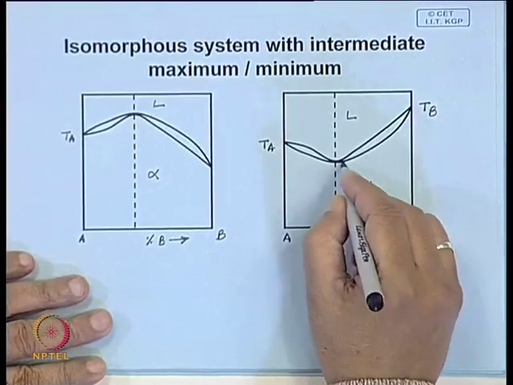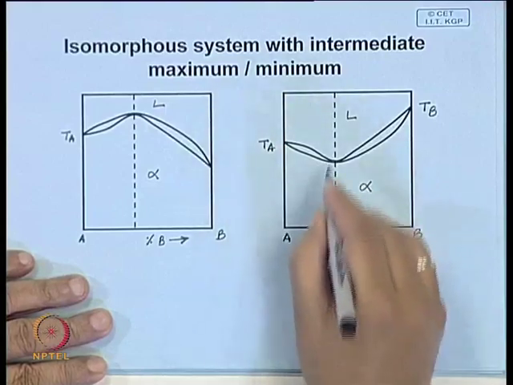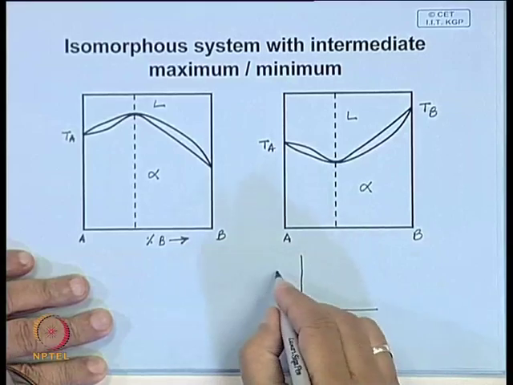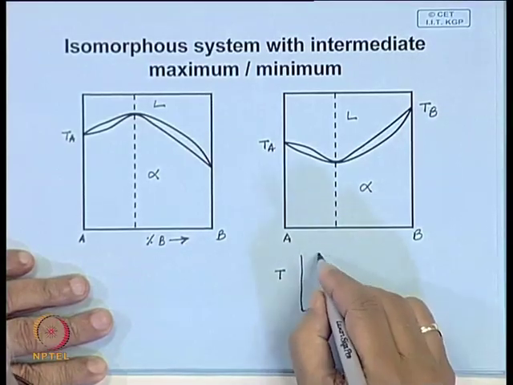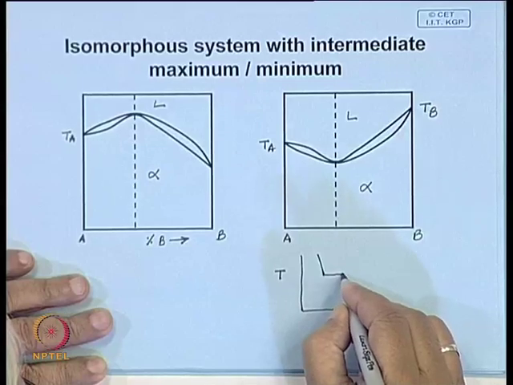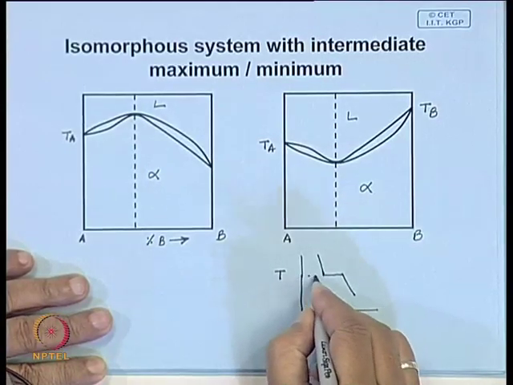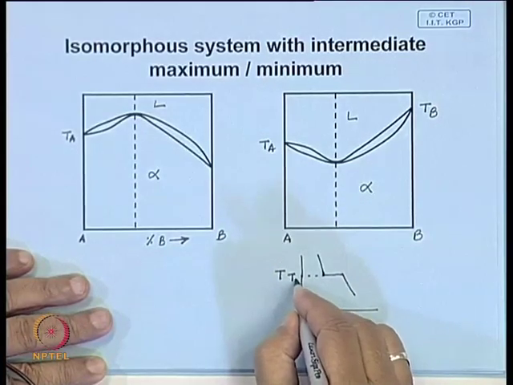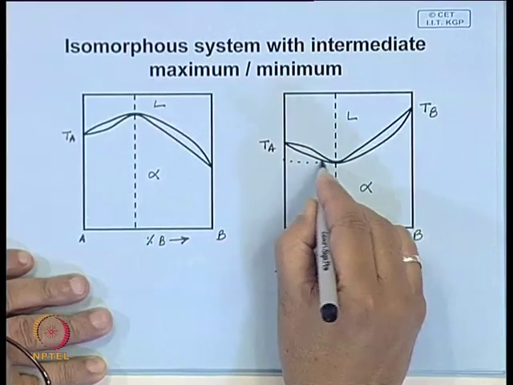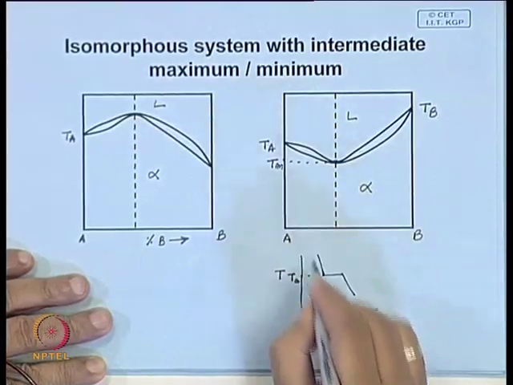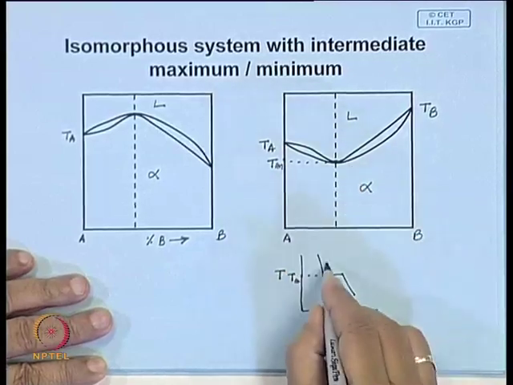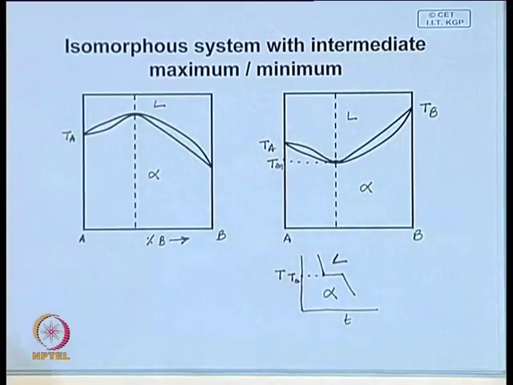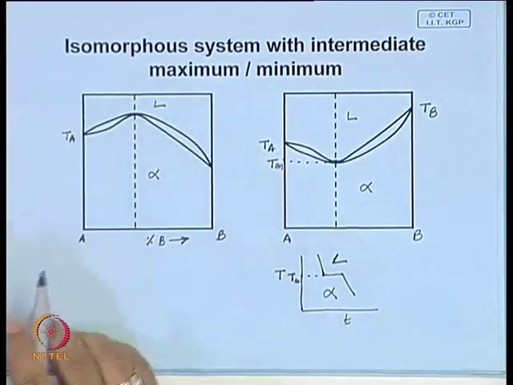If you try and plot the cooling curve of this alloy, it will be temperature and time. Its plot will be more or less exactly similar to that of a pure metal. So, this is the melting point of this alloy, and its solidification behavior will be similar to that of a pure metal.